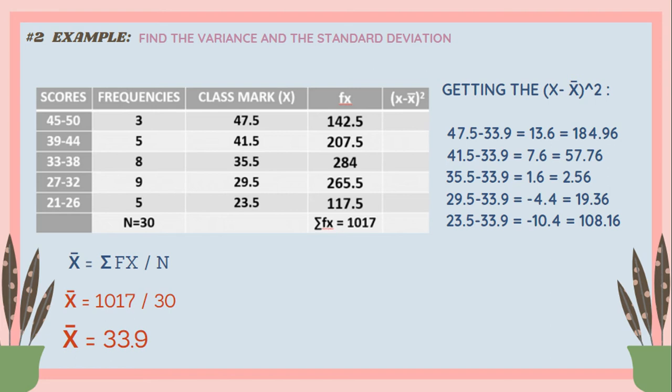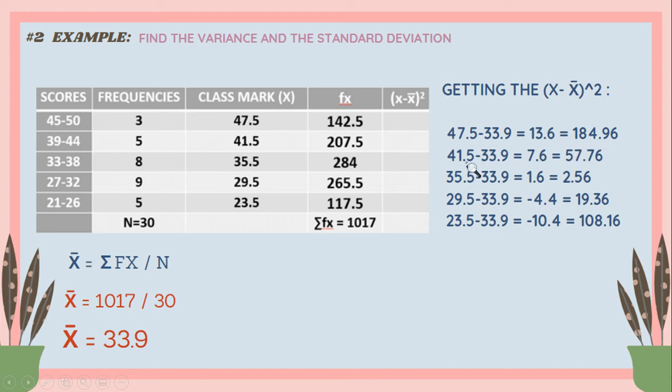So after solving for the mean, we need to get the x minus mean squared. So remember that you need to subtract the mean from the class mark. And then after subtracting, you need to square your answer to get your answer for this column. So 47.5 minus 33.9 is equal to 13.6, and then squared, so it will be 184.96.